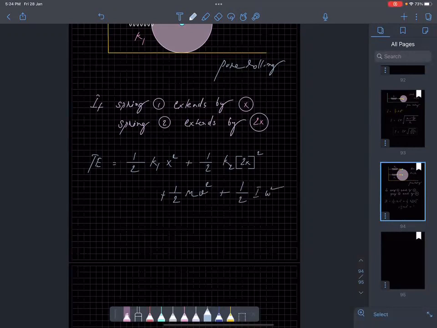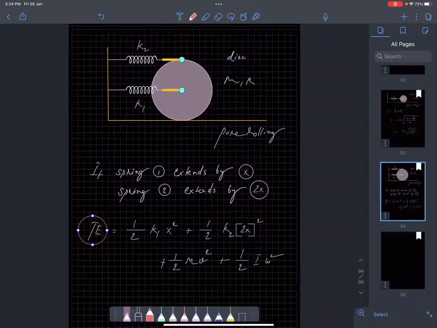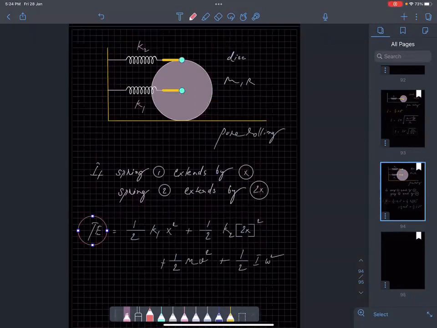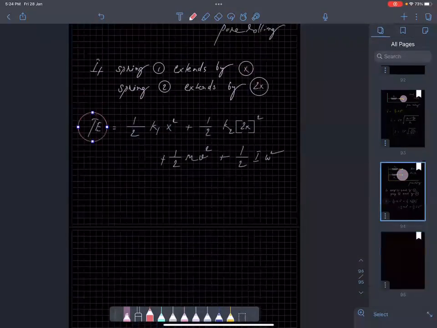The reason is, see, the axis of rotation is moving here. When it is moving forward and backward, the center is moving and the axis of rotation is through the center. So the axis of rotation is moving. If the axis of rotation is moving, then we have to write both translational kinetic energy and rotational kinetic energy.